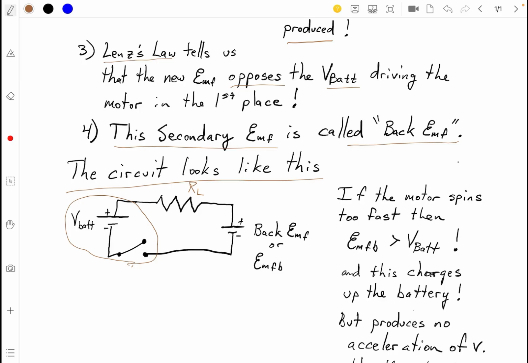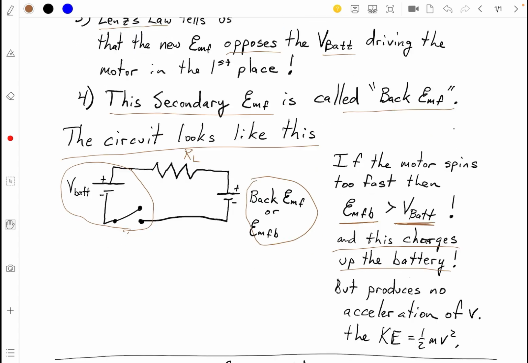And then it generates a back EMF, also EMF B if you want. If the motor is spinning too fast, then the EMF B gets larger than the V battery, and therefore it will start charging back up the battery. Okay, so that can happen if it gets out of control.